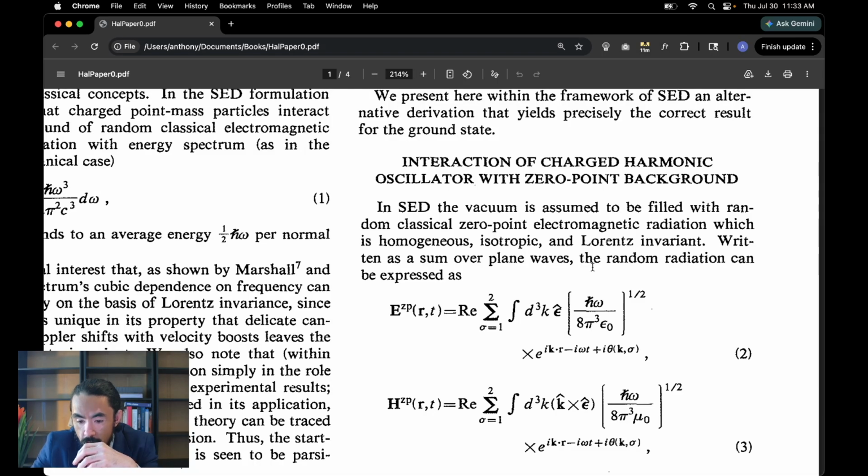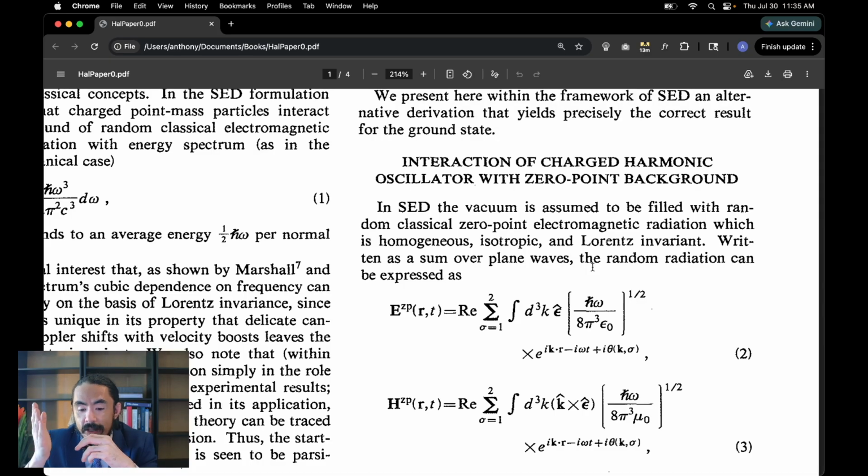Written as a sum over plane waves, the random radiation can be expressed as E superscript ZP in terms of the vector r and scalar t, equal to the real component of the sum over sigma from 1 to 2 of the integral of d cubed k times the vector epsilon hat times the square root of the fraction with numerator h bar omega over a denominator of 8 pi cubed times epsilon naught, times e to the power of i times the dot product of vector k with vector r, minus i omega t, plus i times theta in terms of the vector k and sigma.